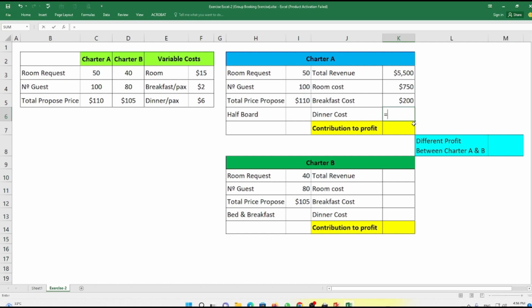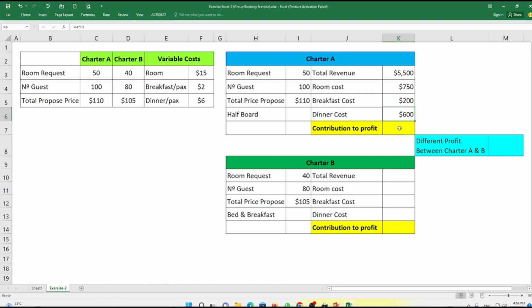Dinner. Since it's half board, including dinner, 100 guests multiplied by the dinner cost of $6, so the cost for dinner for charter A is $600.